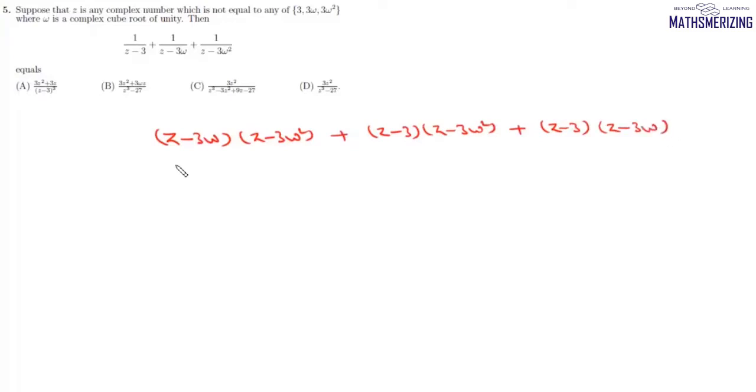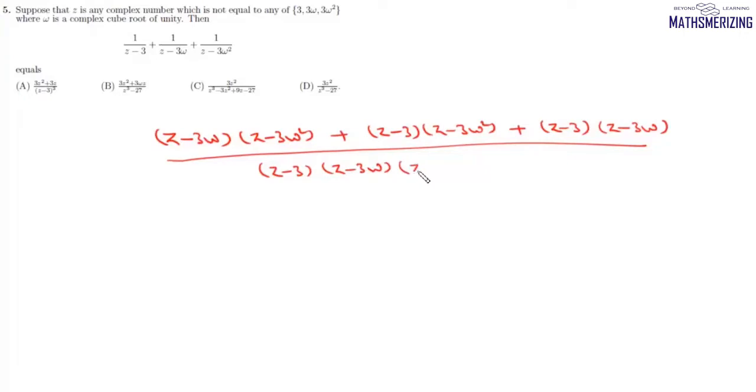Now we can write this as z minus 3 omega into z minus 3 omega square plus z minus 3 into z minus 3 omega square plus z minus 3 into z minus 3 omega upon z minus 3, z minus 3 omega and z minus 3 omega square.